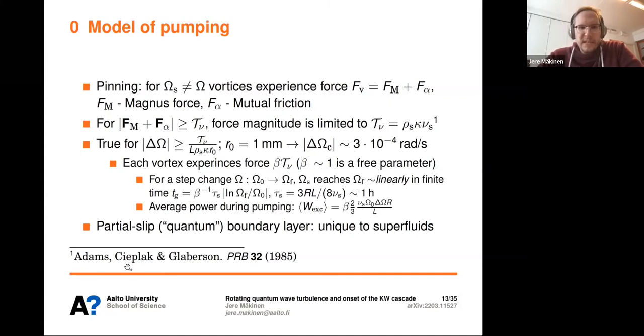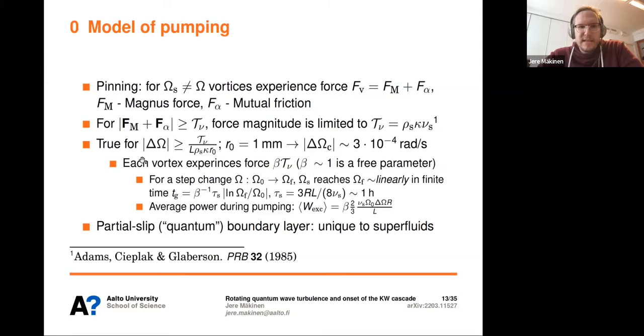There is a paper that suggests that if this force is large enough, namely larger than this value, which is called the vortex tension, the force magnitude is in fact limited to the vortex tension. You cannot apply a force larger than this.